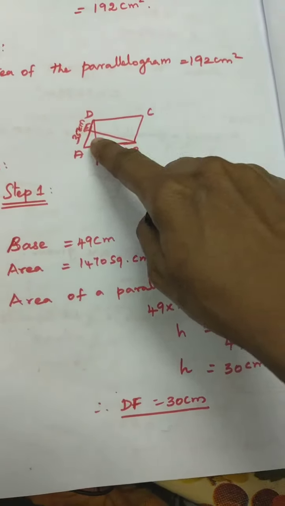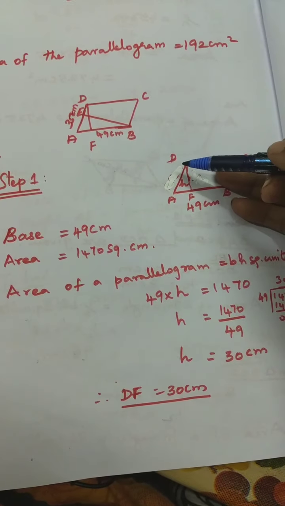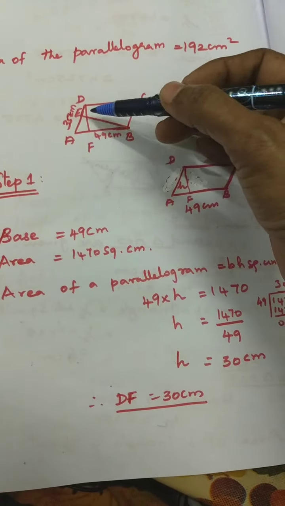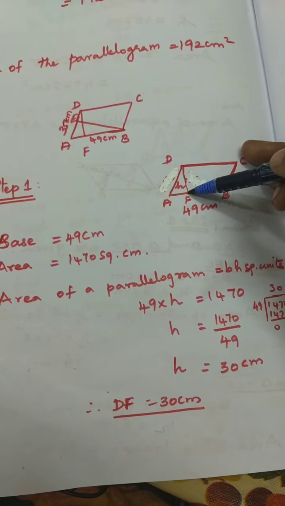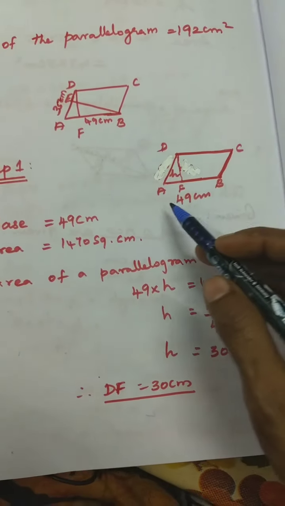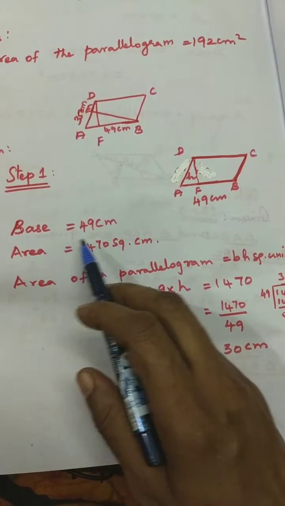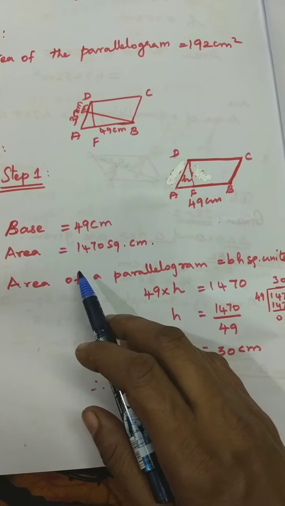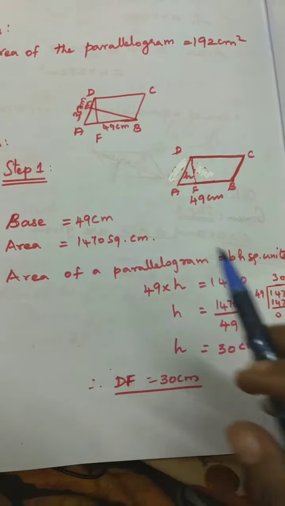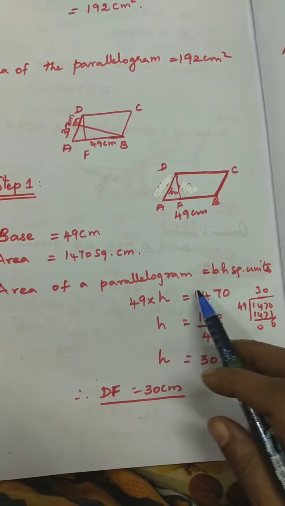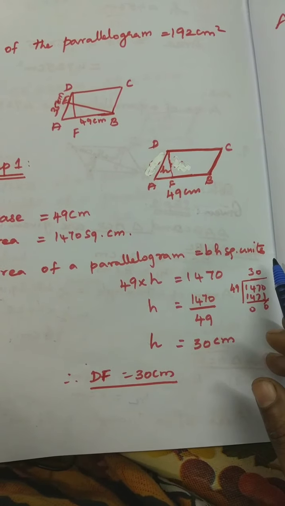First you take DF height. This is the height. For this height, this is the base. AB is the base. Base is equal to 49 centimeter. Area is equal to 1470 square centimeter. Then area of the parallelogram is equal to BH square units.